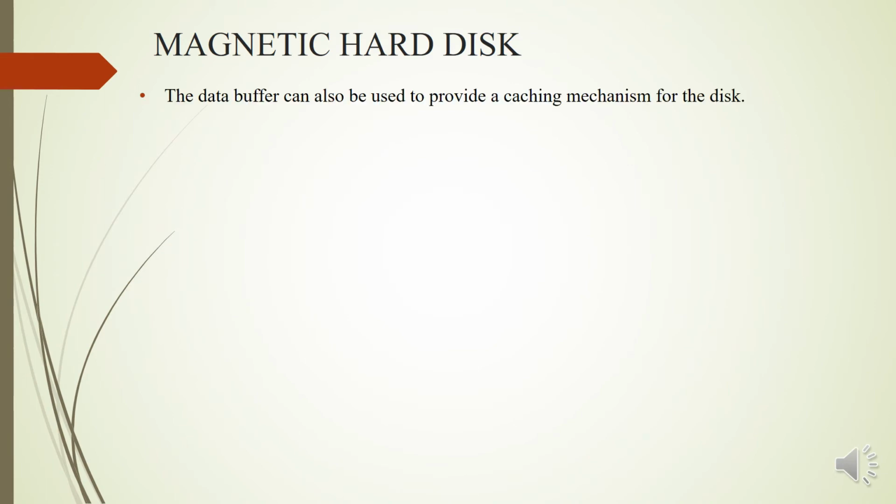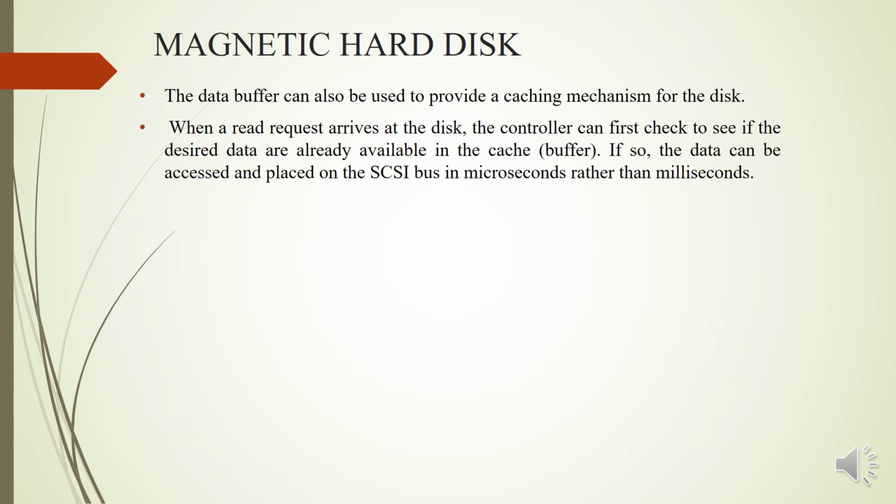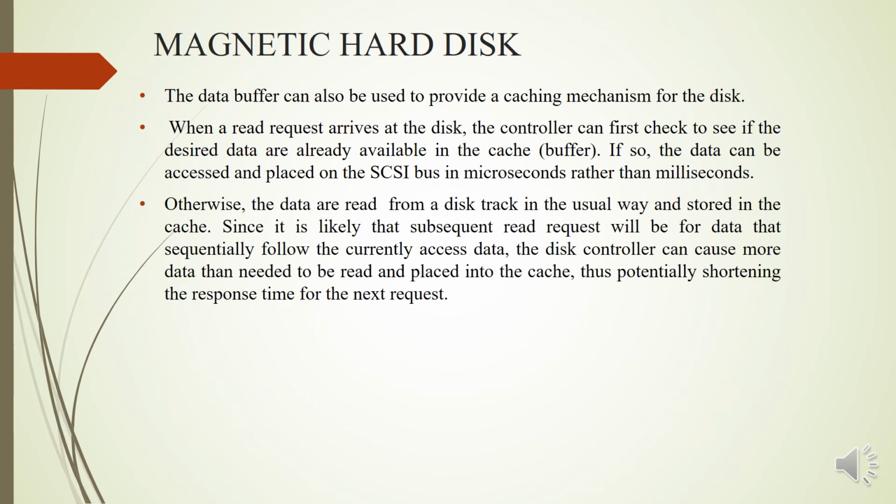The data buffer can also be used to provide a caching mechanism for the disk. When a read request arrives at the disk, the controller can first check to see if the desired data are already available in the cache, that is the buffer, so that the data can be accessed and placed on the SCSI bus in microseconds rather than in milliseconds.